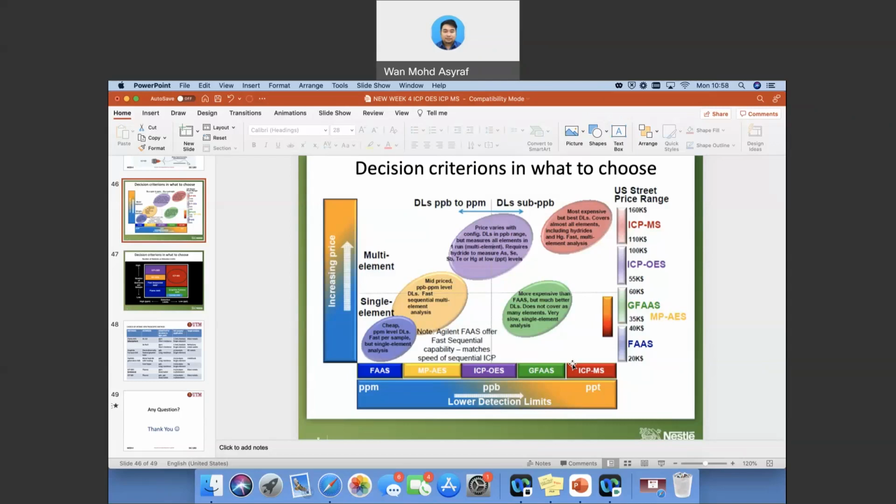So you may look into these decision criteria, and this is very important for you to be able to select the best instrument for the sample that has been given to you.